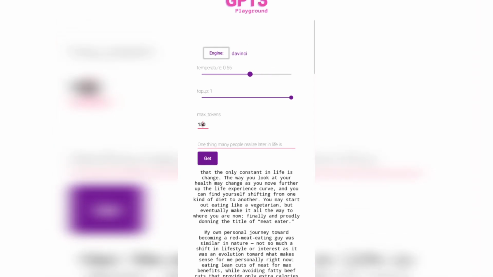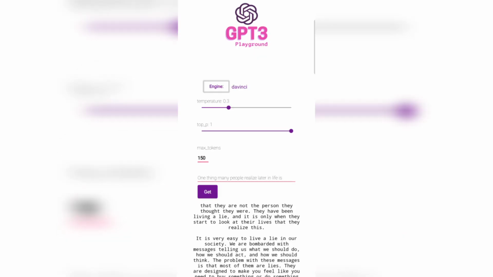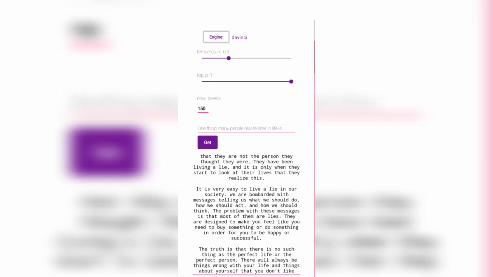If we set the model to being less random by toggling the temperature to, let's say 0.3, we'll do the get. So this is going to make the model pick less random tokens.